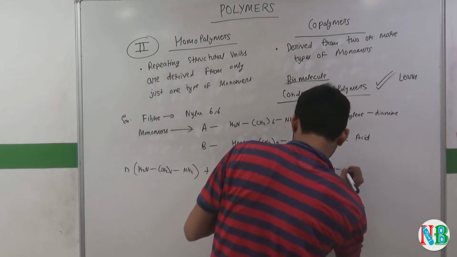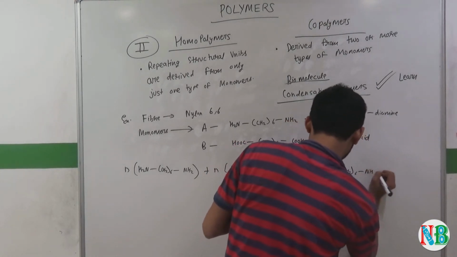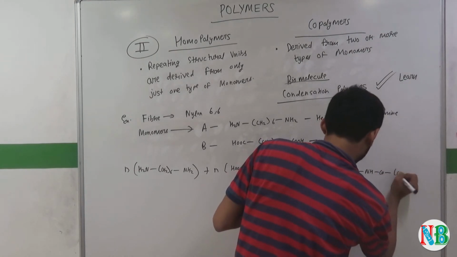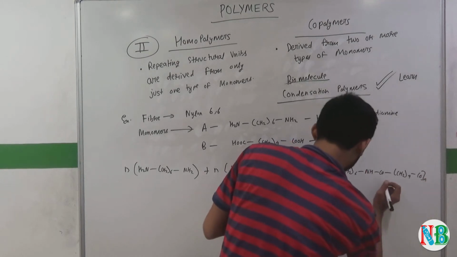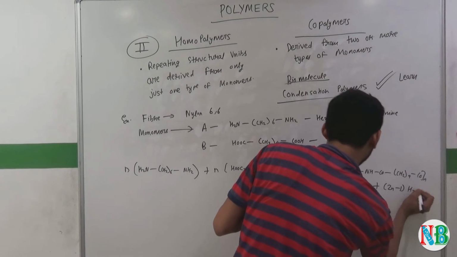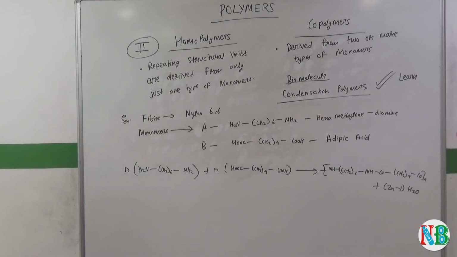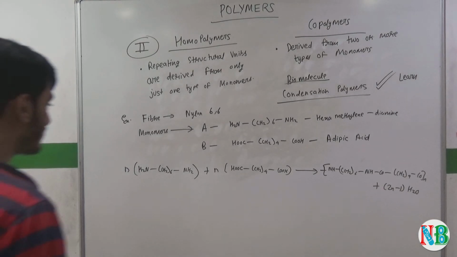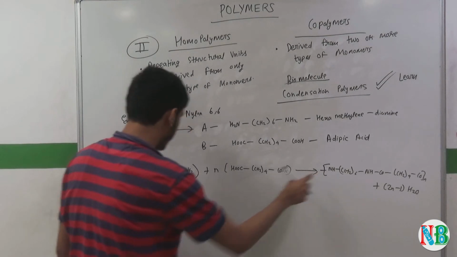So after this reaction, you get the formula for nylon 6,6: CH2 6, NH, CO, CH2 4, CO, N, and you get a loss of 2n minus 1 H2O molecules. Okay, so over here we have a bond.